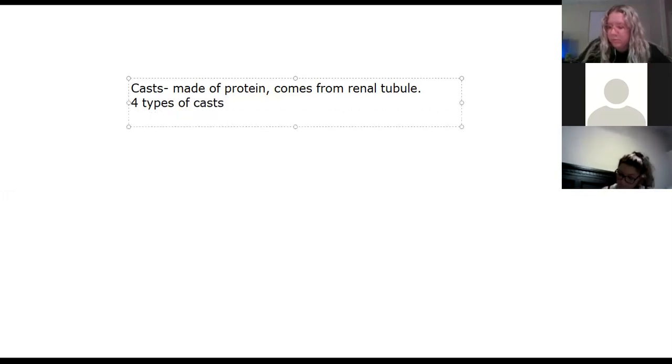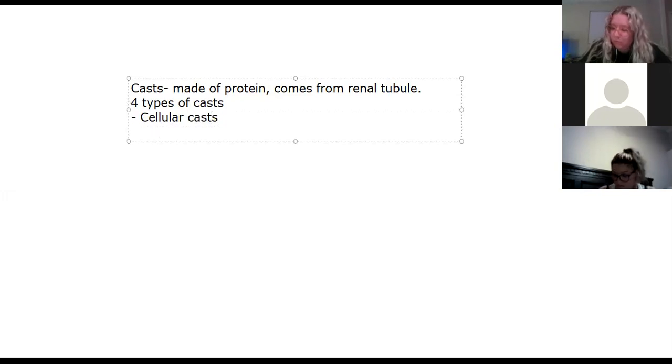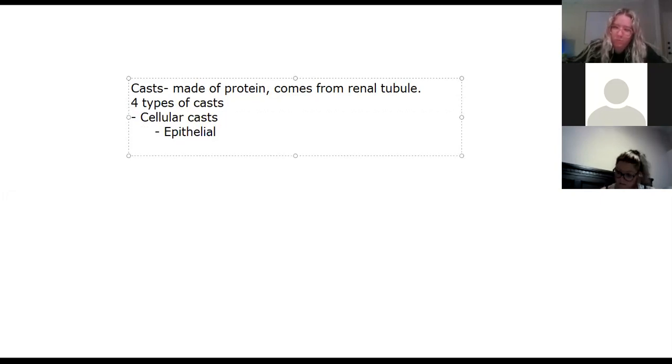They are cellular casts, which is going to include epithelial, which is usually going to be skin cells. And this could be cells from parts of our organs. This could be something that gets potentially picked up in our cystocentesis. There's lots of ways to have epithelial cells showing up.